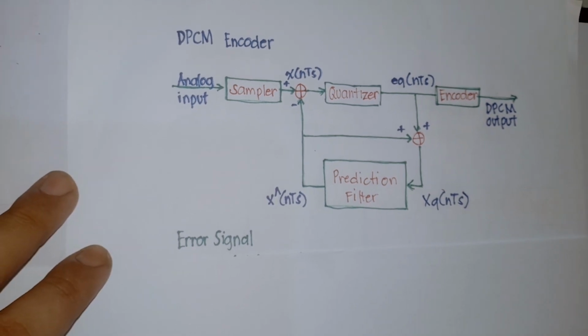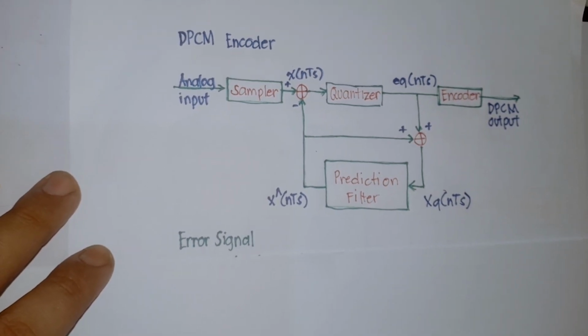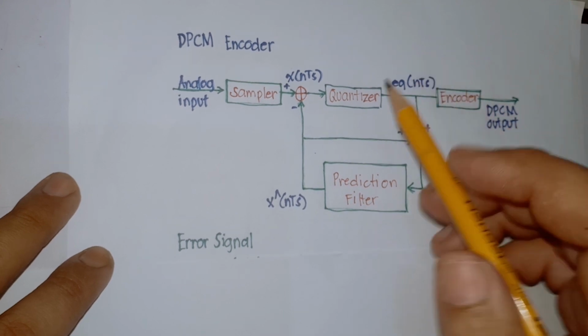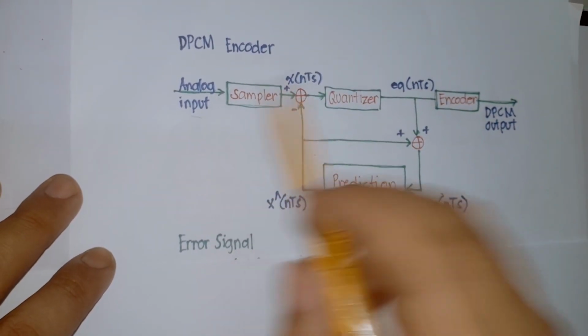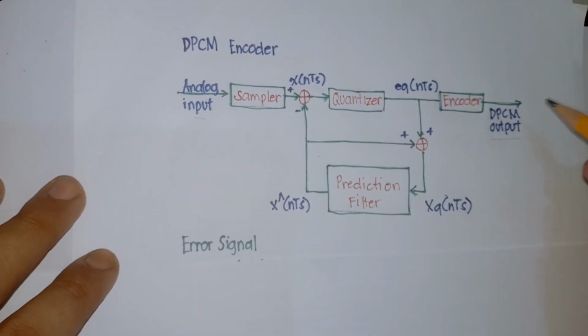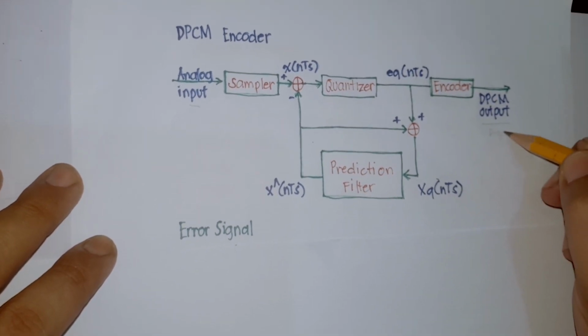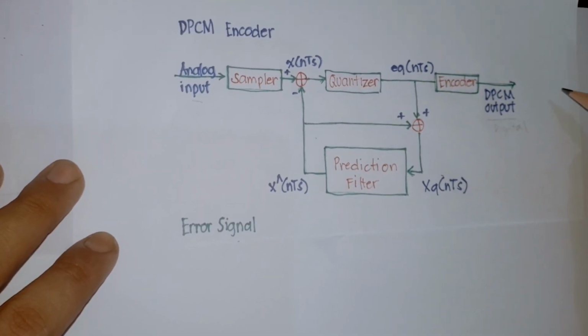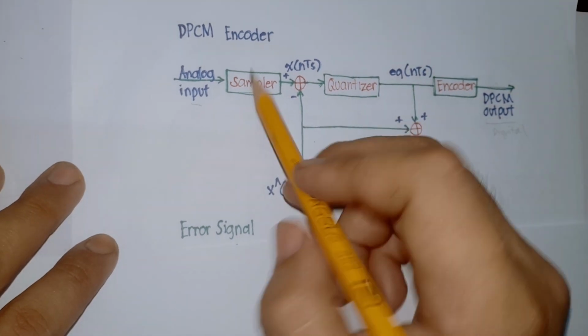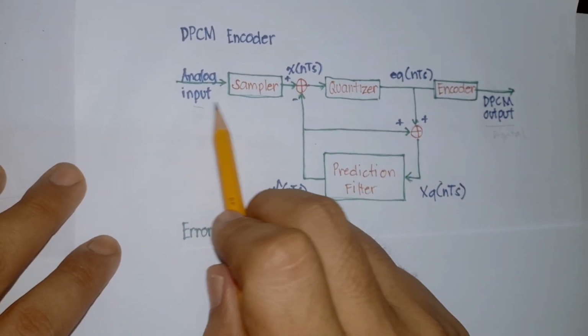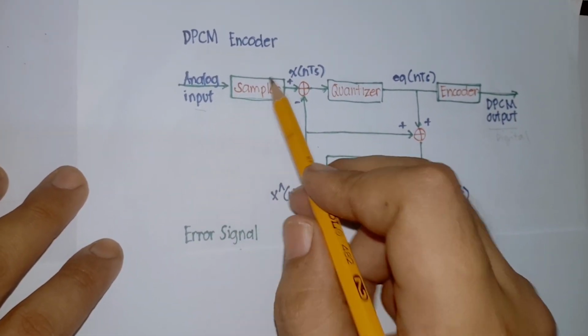Okay, in this part, we will discuss how the DPCM encoder processes from analog into DPCM output or digital output. Okay? Yung analog input is papasok dito sa sampler.